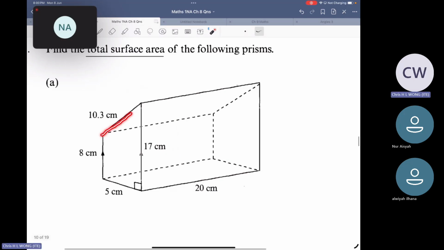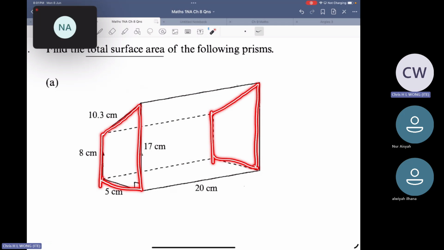This is a prism, isn't it? The moment you're able to identify the cross-sectional area being the same, that is a prism. But this is easy because they tell you. If they don't tell you, you must be able to identify.